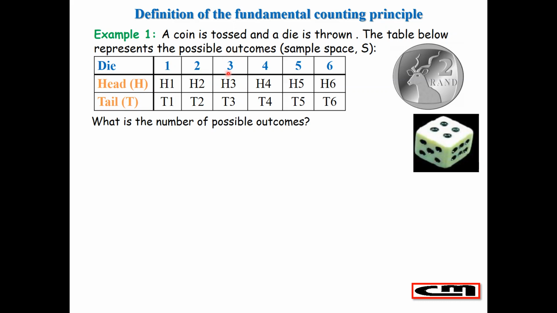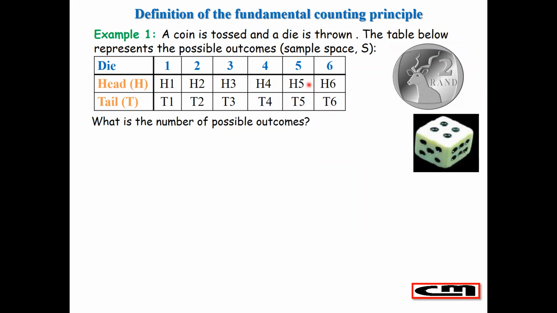I can go to 3. Suppose on the die it was a 3, right? So on the coin, it could have been a head, then it's H3. It could have been a tail, then it's T3. This is how we are getting the possible outcomes. And these are the possible combinations as far as a coin and a die is concerned.